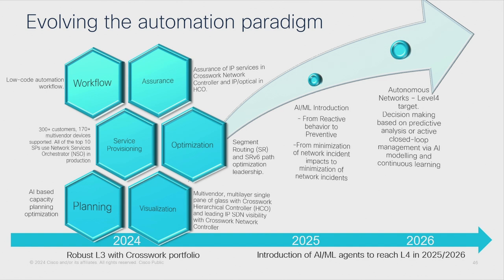These are the 6 pillars of our portfolio, which include an automation workflow based on the workflow manager, assurance done at all layers, assurance of IP services done by the Crosswork Network Controller, to IP optical multi-layer services in the HCO.